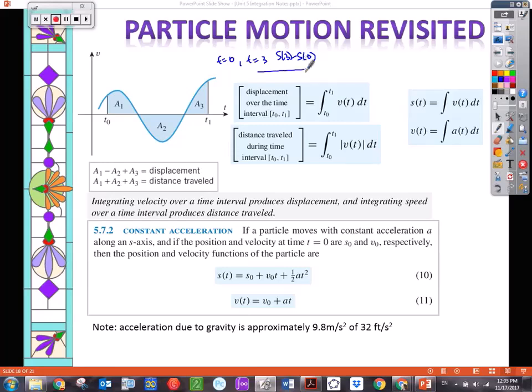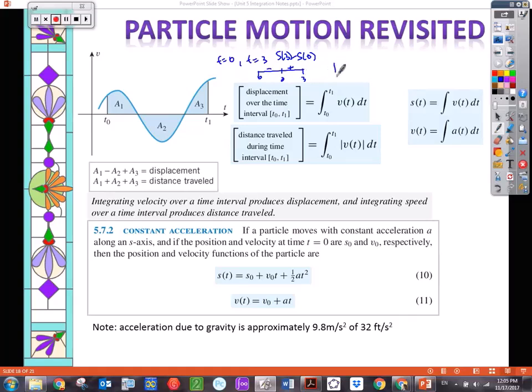Let's say in this case, let's say 2. Let's say that's what our sign chart was. Between 0 and 2, the velocity was negative, and between 2 and 3, it was positive. And so what we did then, to find the distance, we took each section.